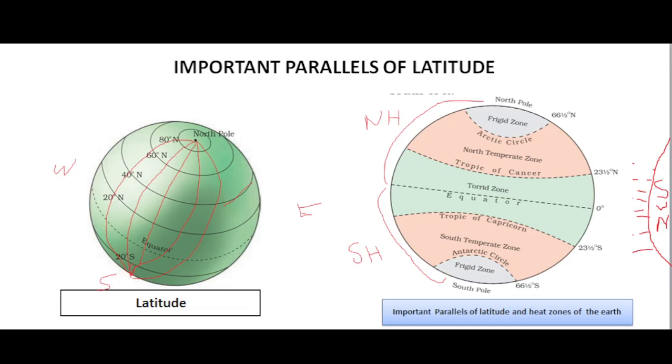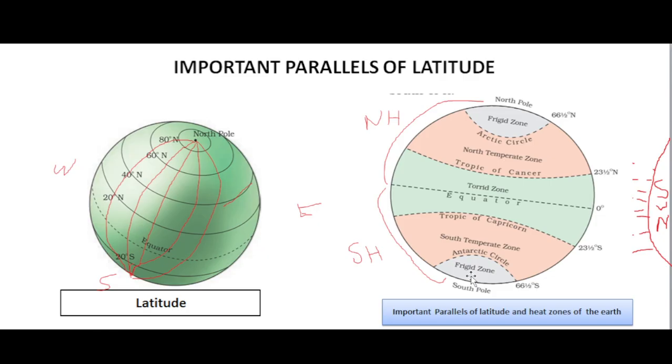The midday sun never shines overhead on any latitude beyond the Tropic of Cancer and the Tropic of Capricorn. The angle of the sun rays goes on decreasing towards the poles, beyond the Arctic and the Antarctic Circle. So the sun does not rise much above the horizon.